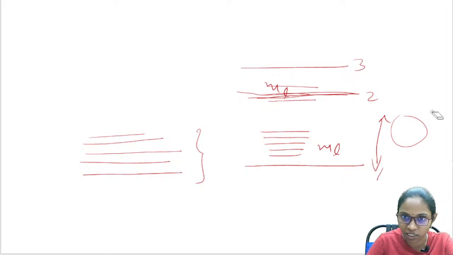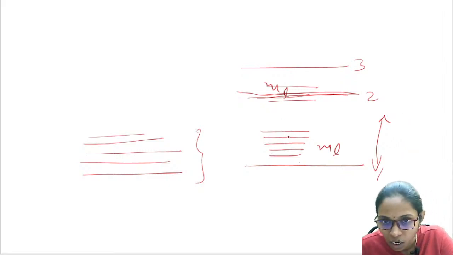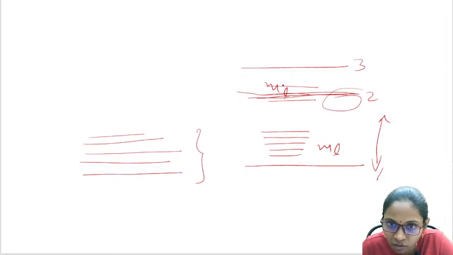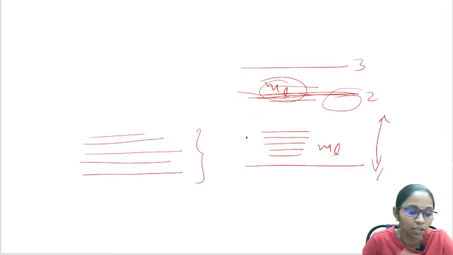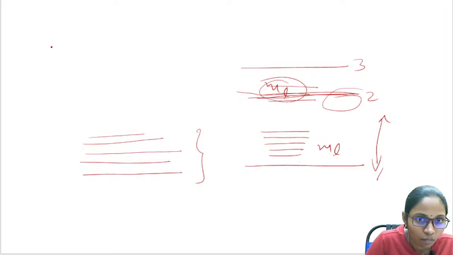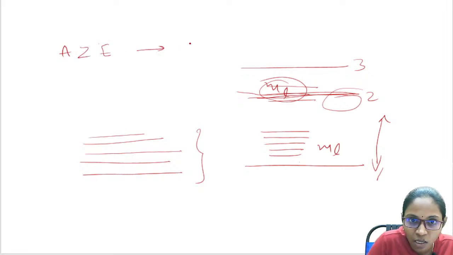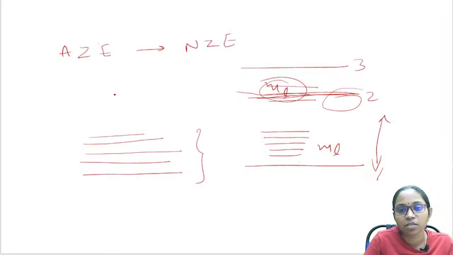Level 1, level 2, level 3. So as the separation increases, this line will merge with these ML levels. Therefore, this anomalous Zeeman effect will change to normal Zeeman effect.